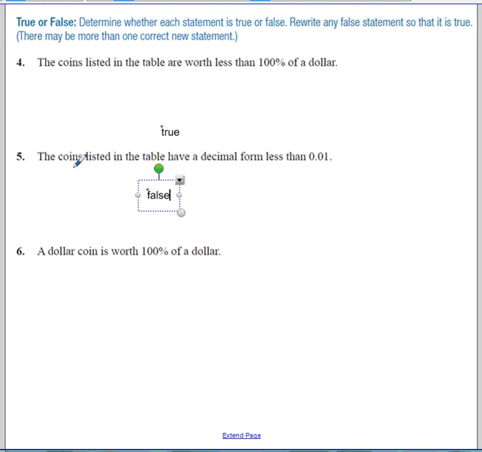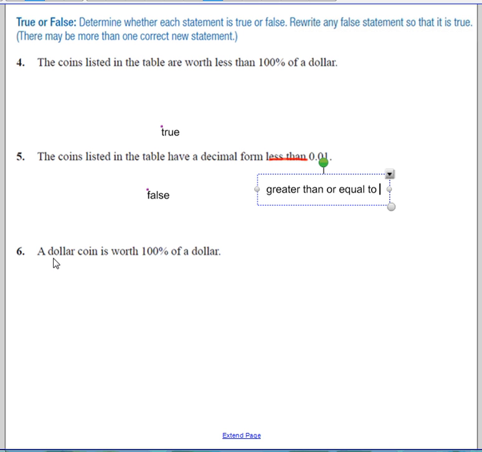So the coins listed above are in decimal form less than... We could say 1.00 for $1, or instead of less than, we could say that it's greater than, or actually equal to, because the penny would be equal to it. So let's put that: greater than or equal to 0.01.